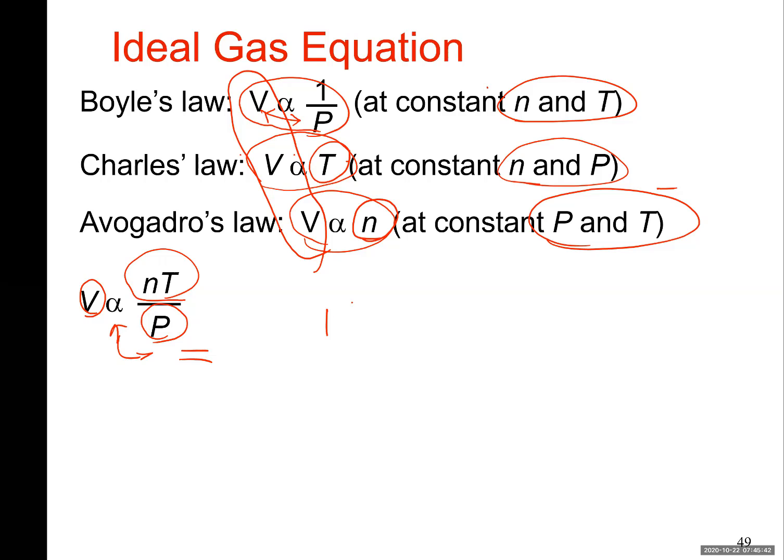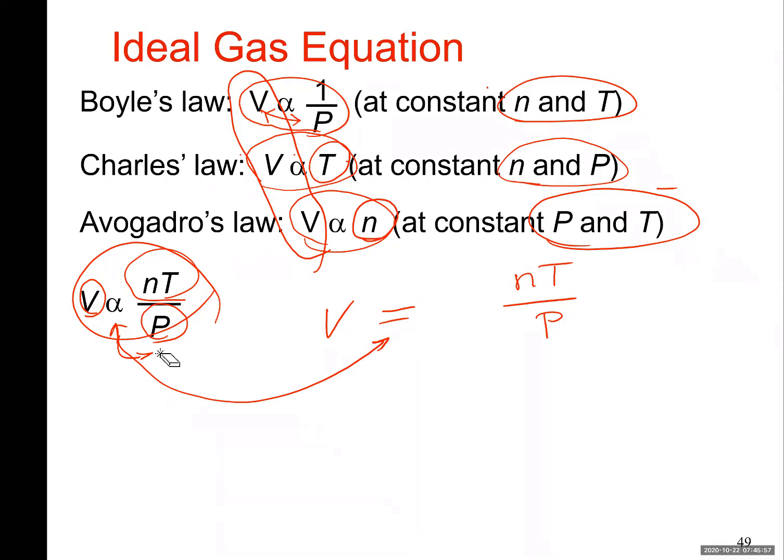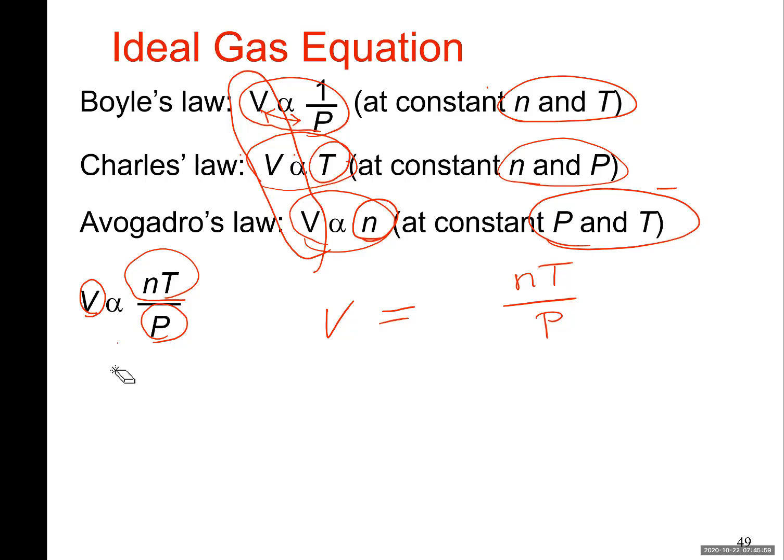In other words, if I want to write V is equal to NT over P, which is the same relationship, except instead of proportionality, I'm replacing it with an equal sign. Did we say if you are converting proportionality to an equal sign, you need a proportionality constant? So here, I need a proportionality constant.